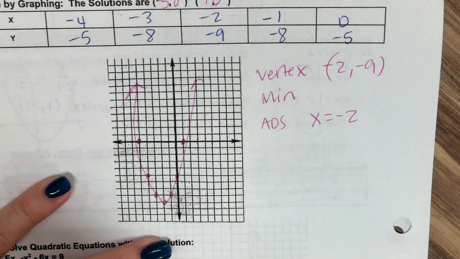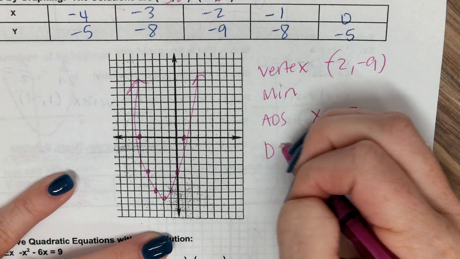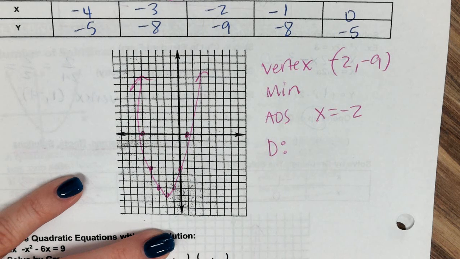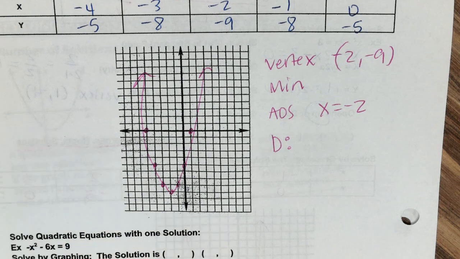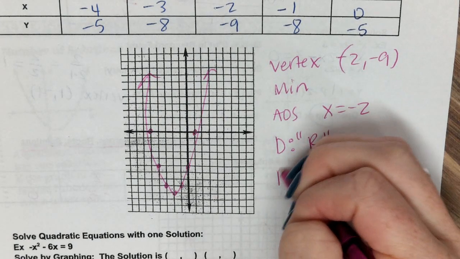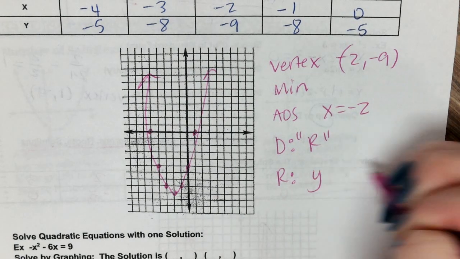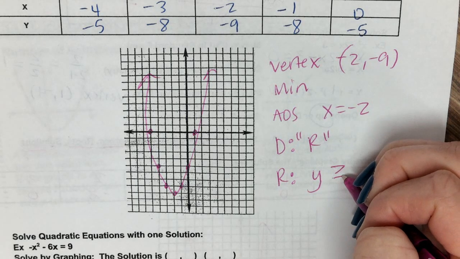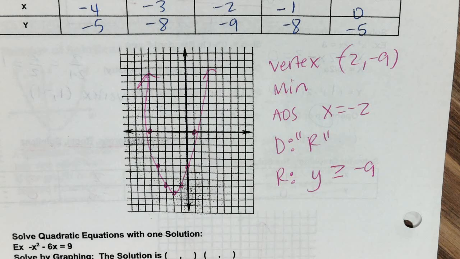X equals -2. What is the domain? Why is the domain all real numbers? Because the arrows are going to keep getting wider and wider. So all real numbers. What is the range? Very good. Y is greater than or equal to -9.